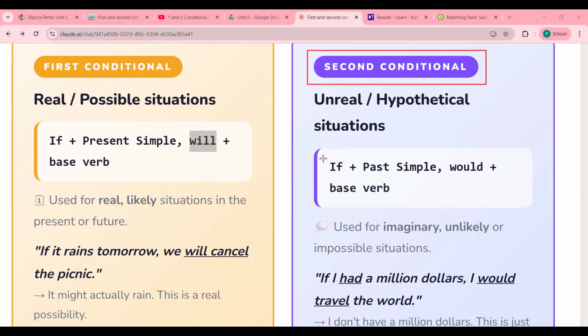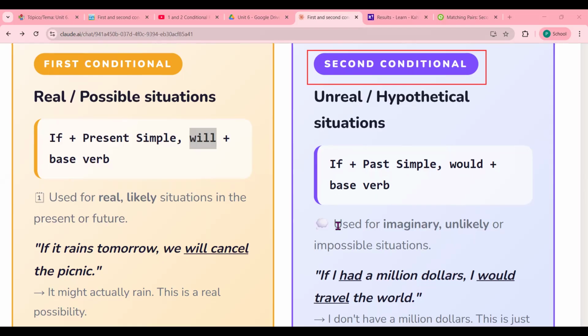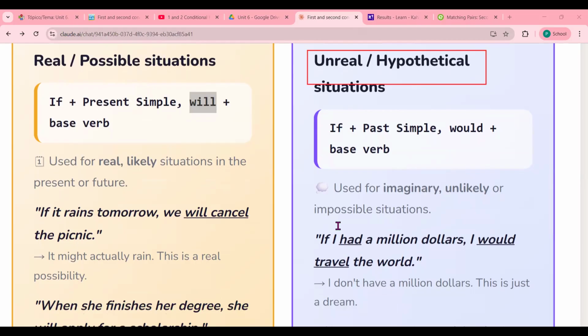If plus past simple, would plus base verb. Used for imaginary, unlikely, or impossible situations. If I had $1 million, I would travel the world. I don't have $1 million. This is just a dream. Thanks, my dear Janelle. That's right.